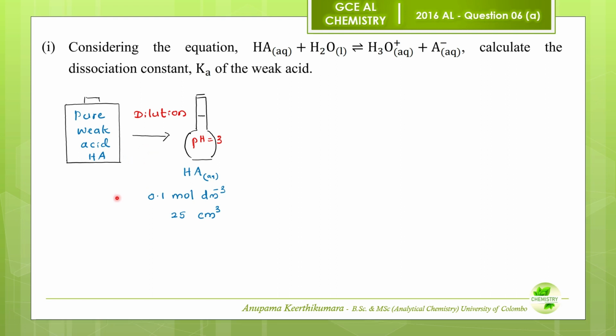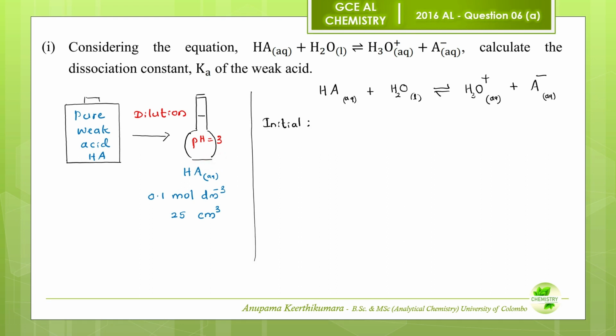Then the final concentration of this weak acid HA is 0.1 moles per cubic decimeter and the volume is 25 cubic centimeters. We need to calculate the dissociation constant Ka of this weak acid. Now we will move to the calculation.